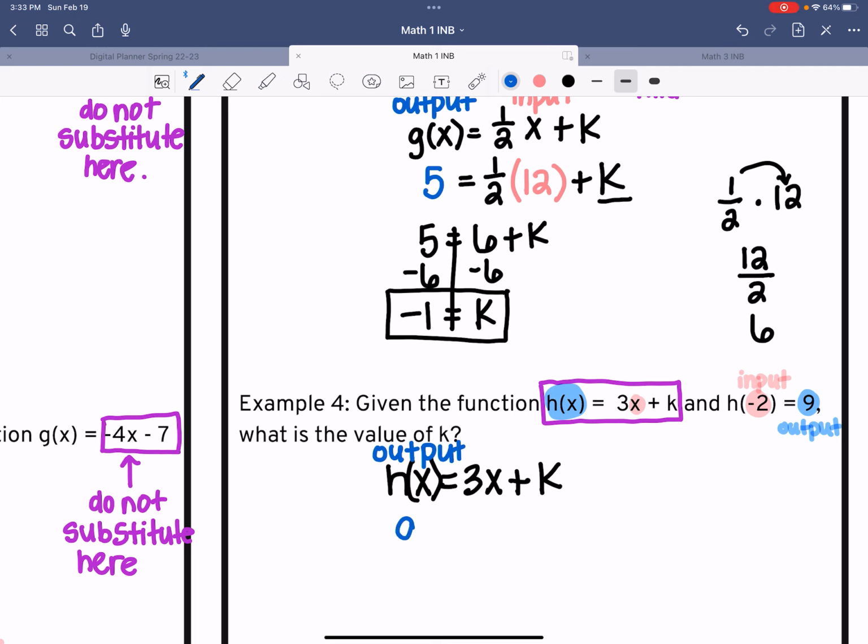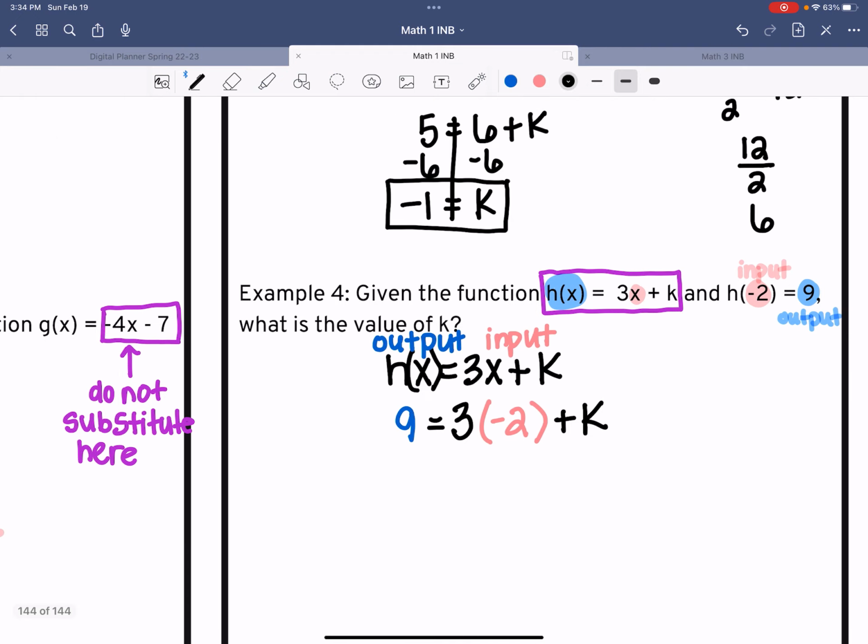Output is 9, so that's what we're going to substitute there. Then we have 3 times x, and x is our input. So we're going to substitute in negative 2, plus k. And then we just solve and simplify. So we get 9 equals negative 6 plus k, because 3 times negative 2 is negative 6. Then we're going to add 6 over, and k equals 15.